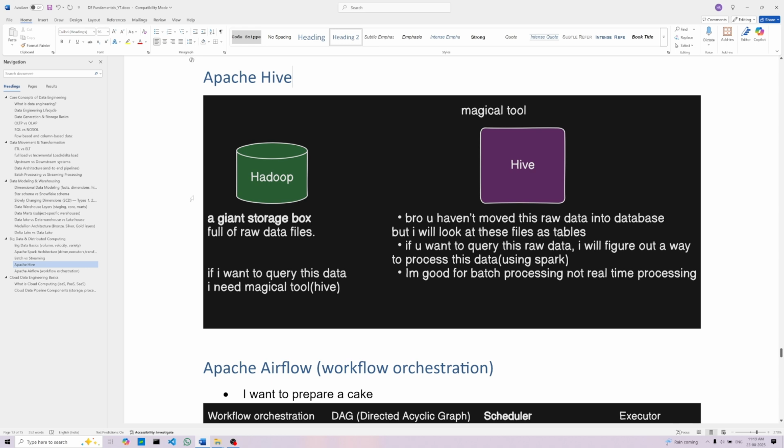We'll just use SQL-like language, and Apache Hive will query it for us because Apache Hive can see this as tables. In fact, these are not actually tables, these are just raw data files. But Apache Hive can do it, so it's good. We can use it. And Apache Hive is generally prepared for batch processing and not real-time processing. So remember that.